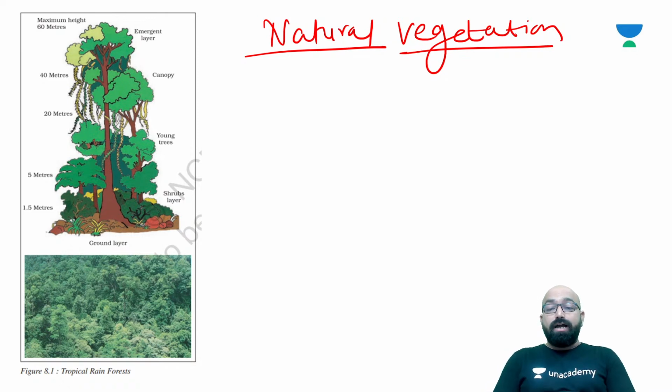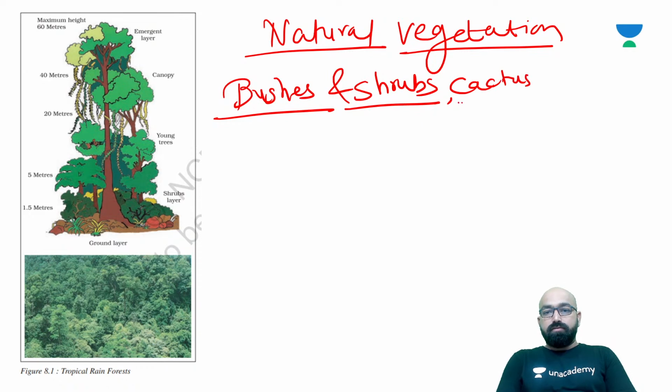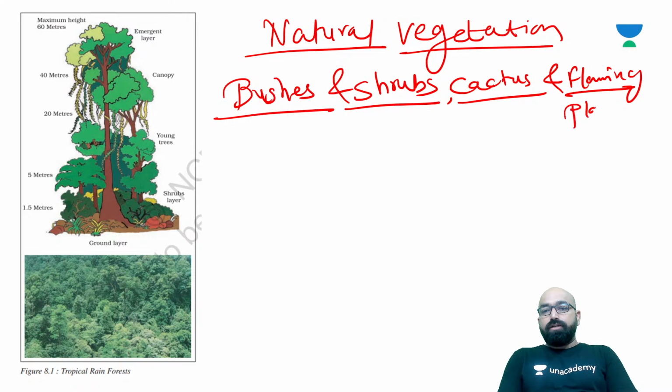So there are small plants called bushes and shrubs, like cactus and flowering plants.